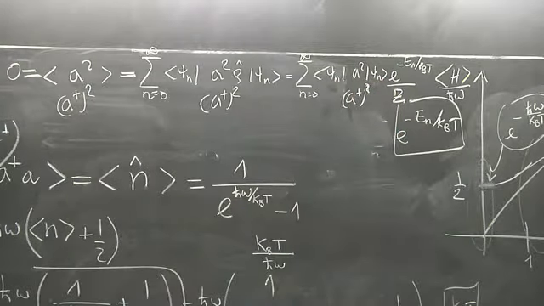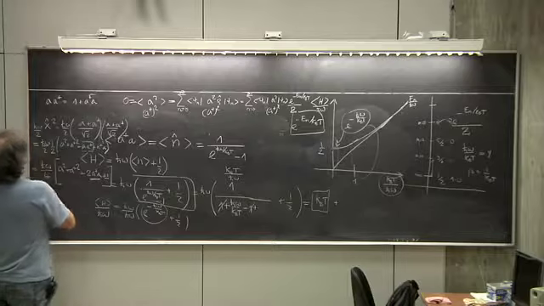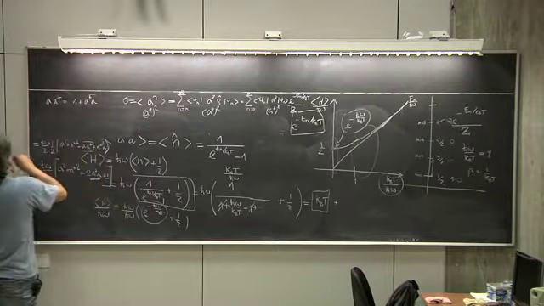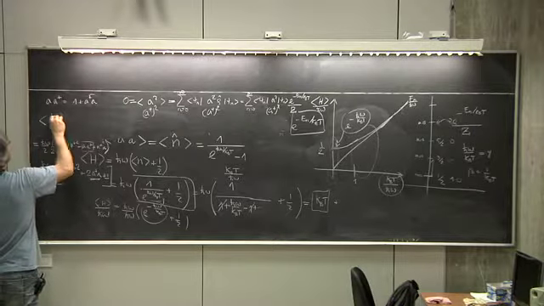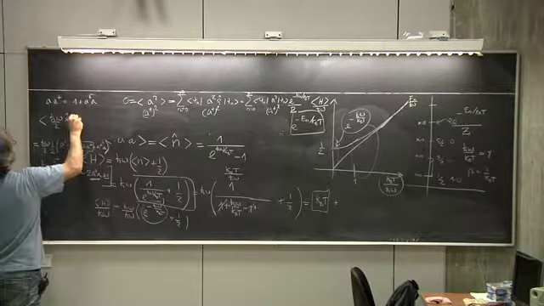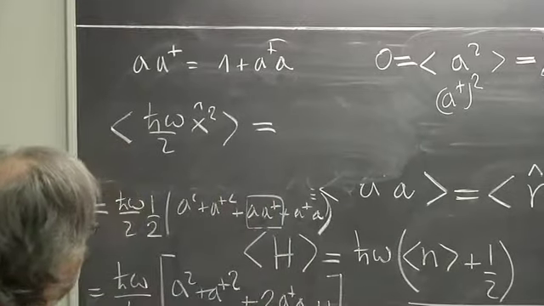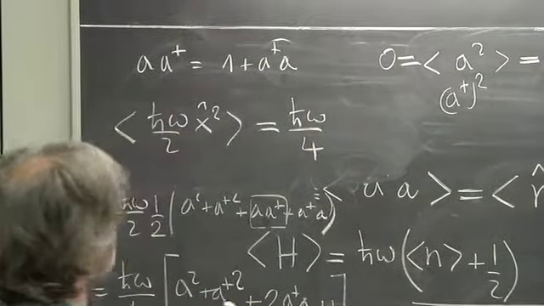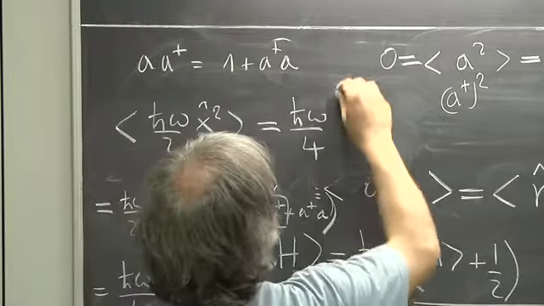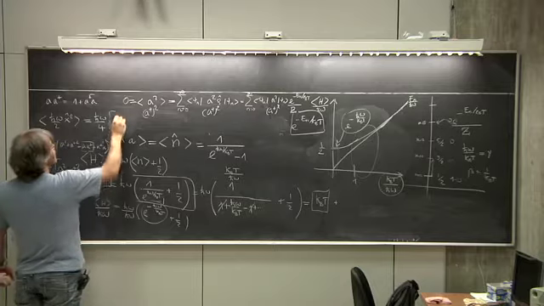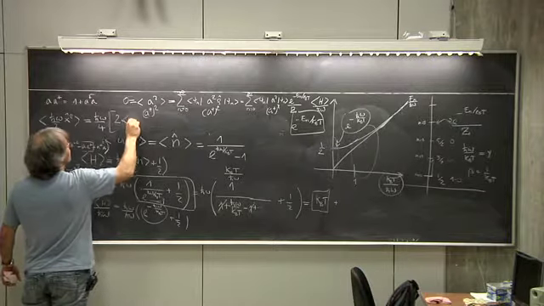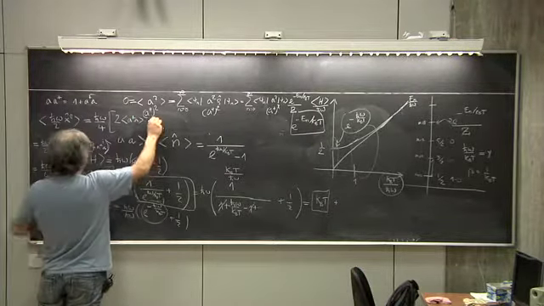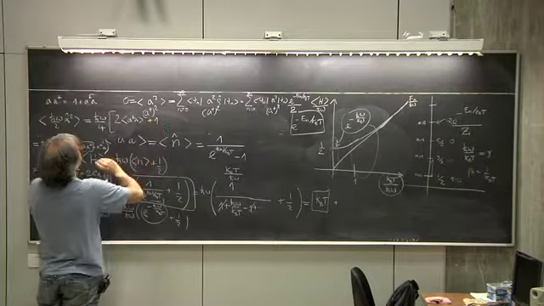Okay? So if I want to calculate the average of the potential energy, which is h bar omega x square, I have, according to this, h bar omega over 4. These two averages are 0. Then I have twice the average of A dagger A plus 1, because the average of 1 is 1.